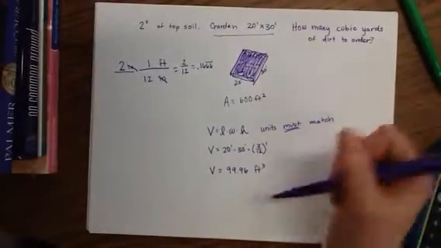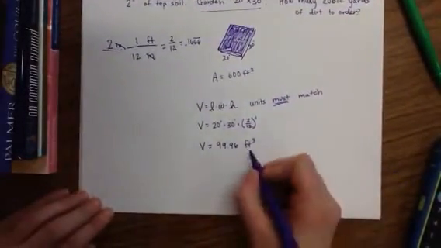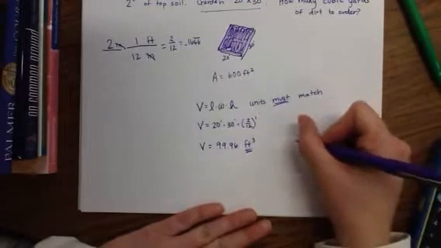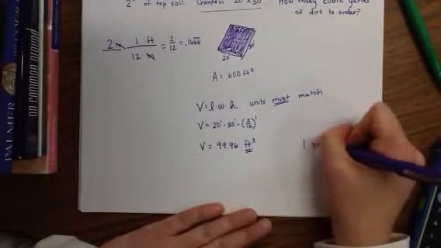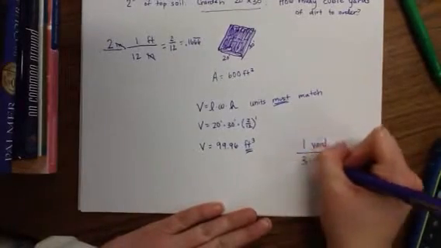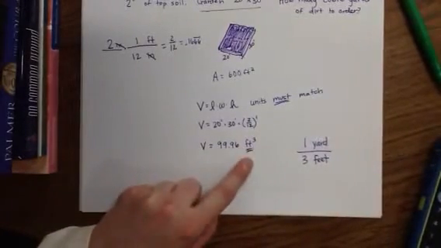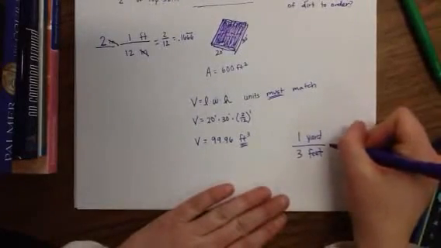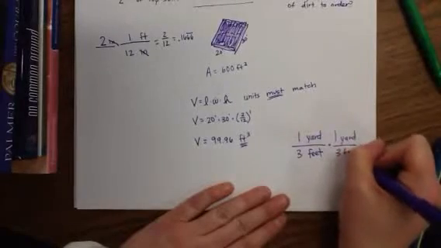So we want to go from feet to yards, but the tricky thing here is we want to go from feet cubed to yards cubed. Our conversion factor is that in every 1 yard there are 3 feet. But I want feet cubed, so it's going to be a little bit like timesing this by 1 yard, 3 feet.